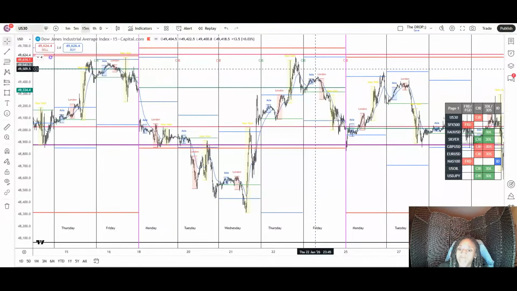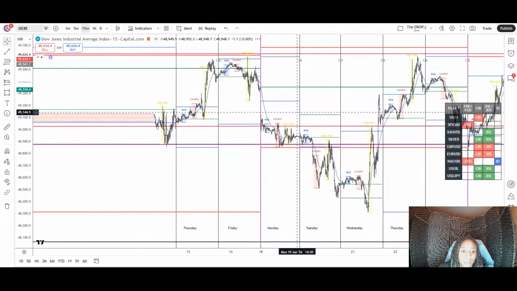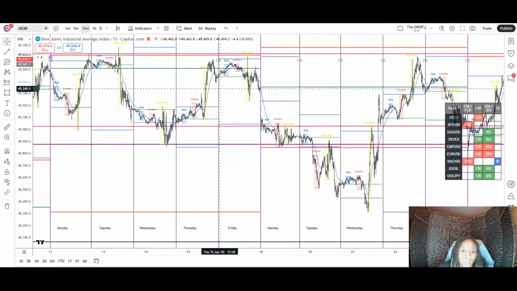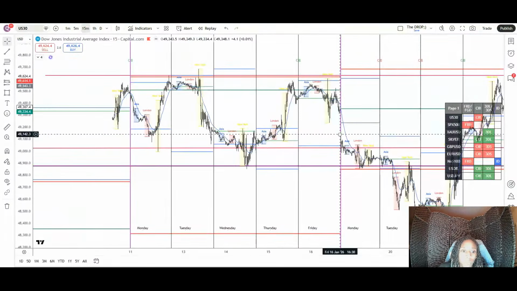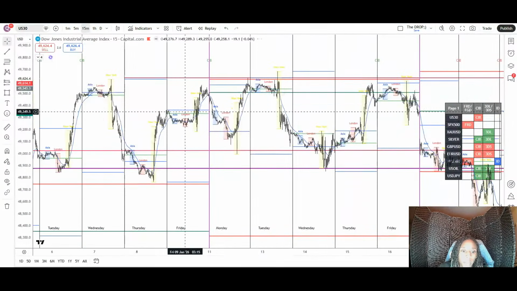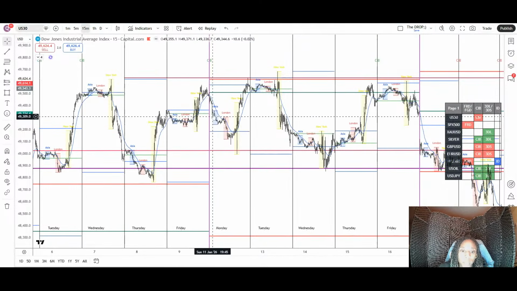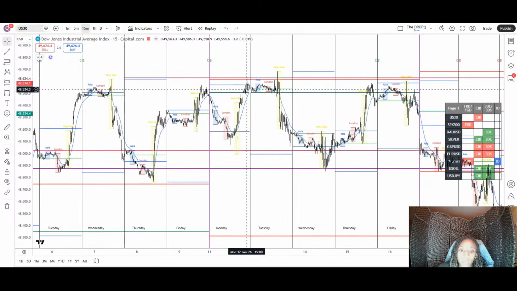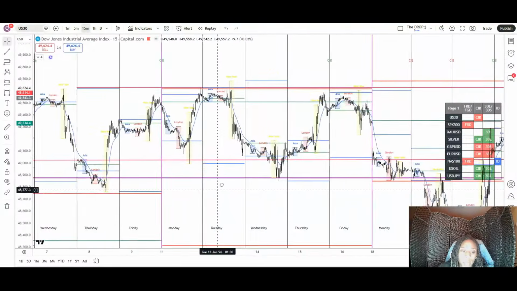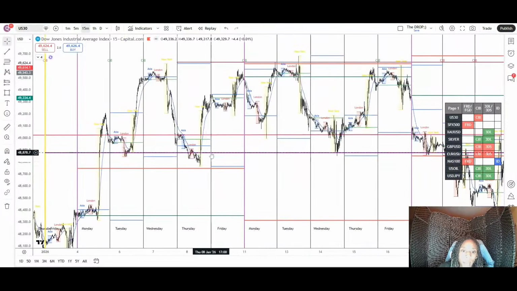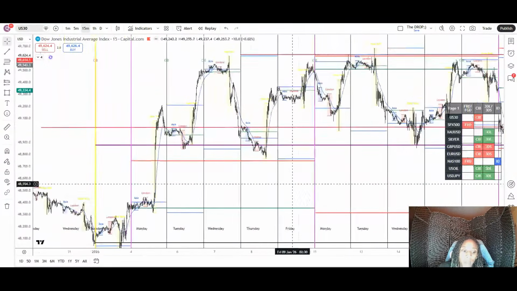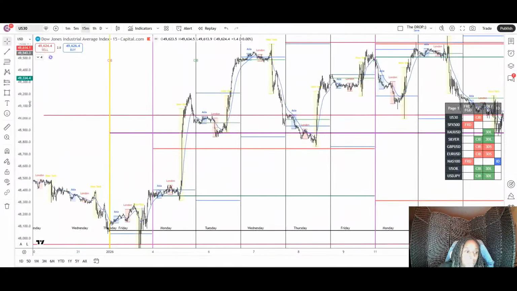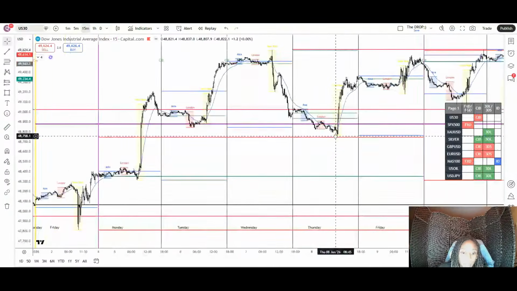Actually, it is. You just want to see it breach the high again. I can't find a good one, y'all. This closed up, but this gave you the buy. Okay, here's one. Found one. It's hard to find them, but when they're there, they're there.